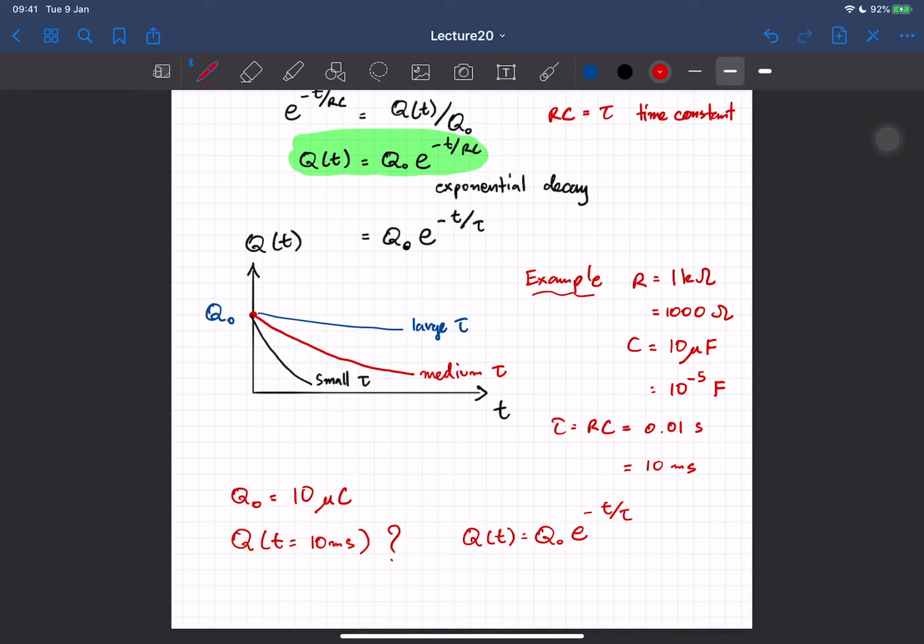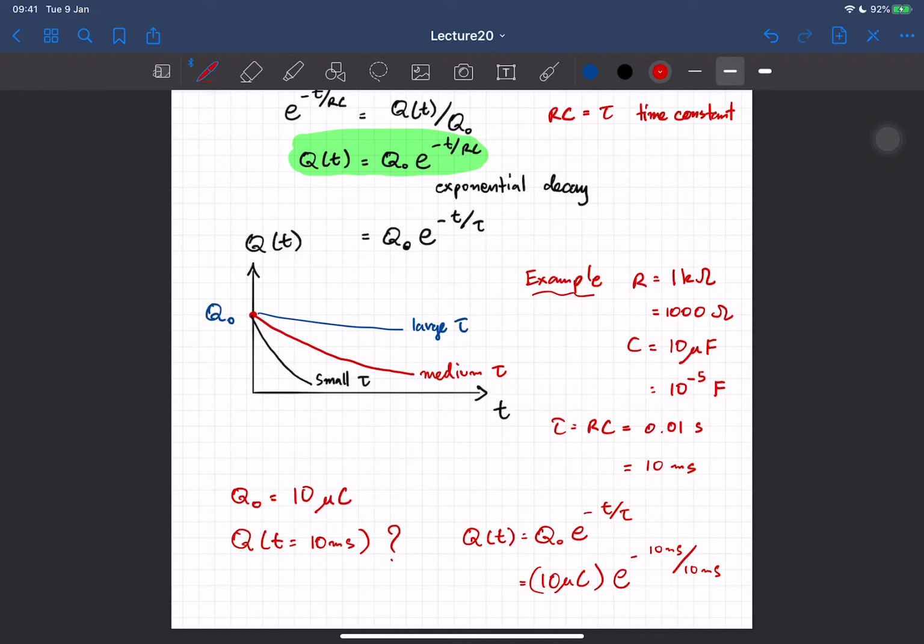At time equal to 10 millisecond, we can just substitute into this equation. The initial charge is 10 microcoulomb, times e to the minus t, which is 10 millisecond, divided by the time constant, which is also 10 millisecond.